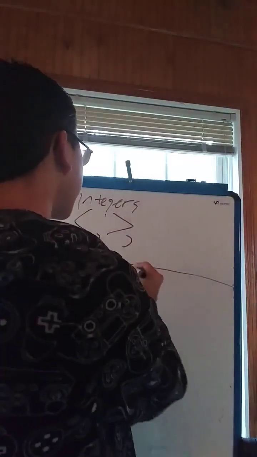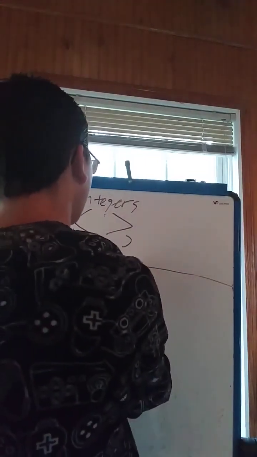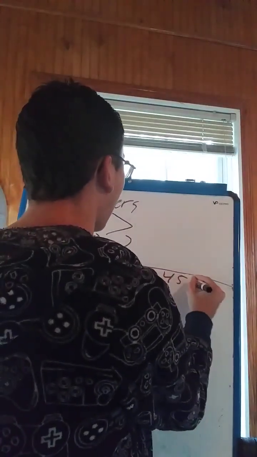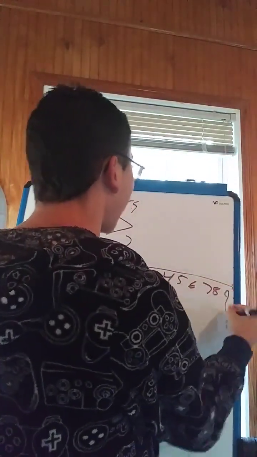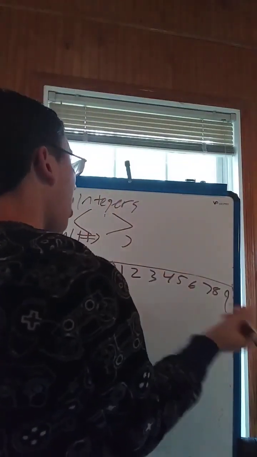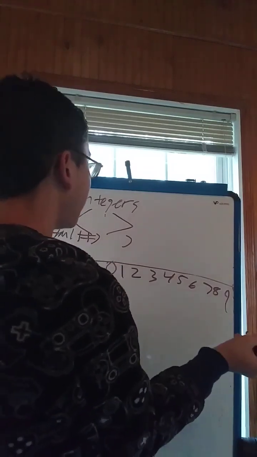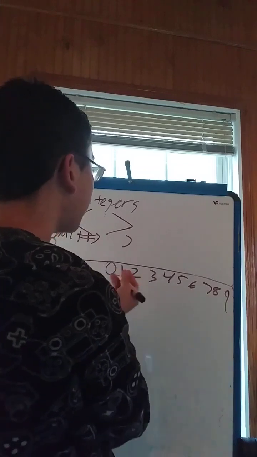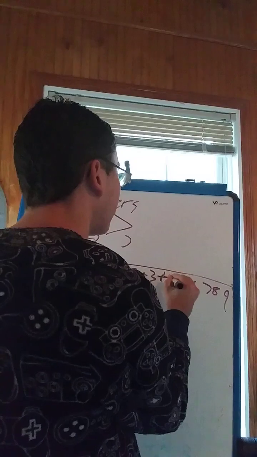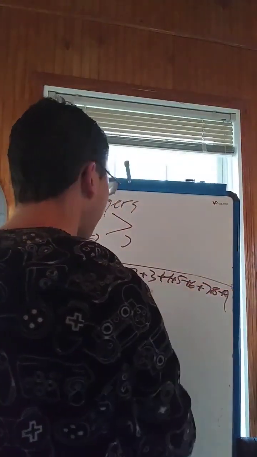Let's start off with the good. 1, 2, 3, 4, 5, 6, 7, 8, 9, the number line that keeps going on and on. All of these are positive numbers, or regular numbers. You don't call them regular numbers because they are positive. You don't need this sign in front of them to back the numbers up.